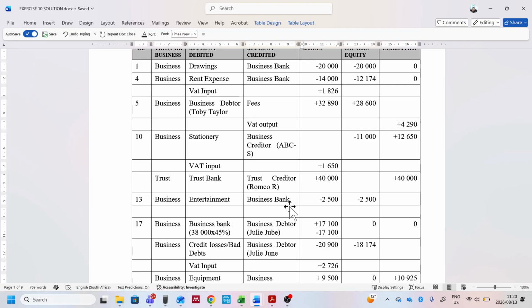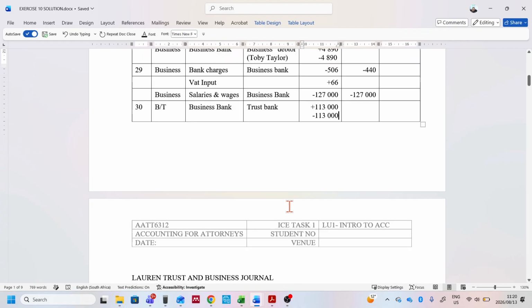Then what about the other types of accounts when we receive money? Since we do not always receive money from these other accounts, we're going to create a column called Sundry. Your sundry column will record all the transactions that affect other accounts from which you are receiving the money.